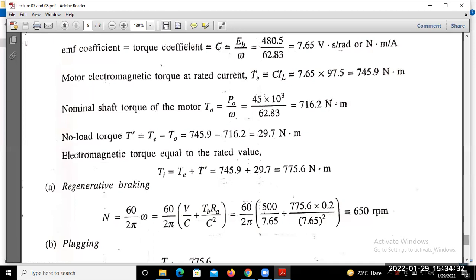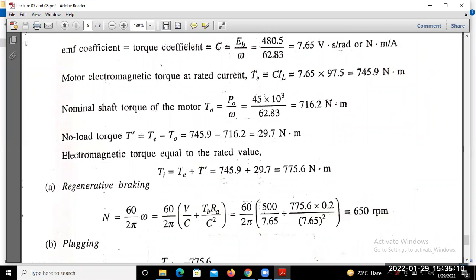So for the regenerative braking, speed in revolution per minute is 60 by 2 pi into 500 by 7.65 plus 775 into 0.2 divided by 7.65 whole square, that means C square. So for the regenerative braking, your speed is 650 rpm.